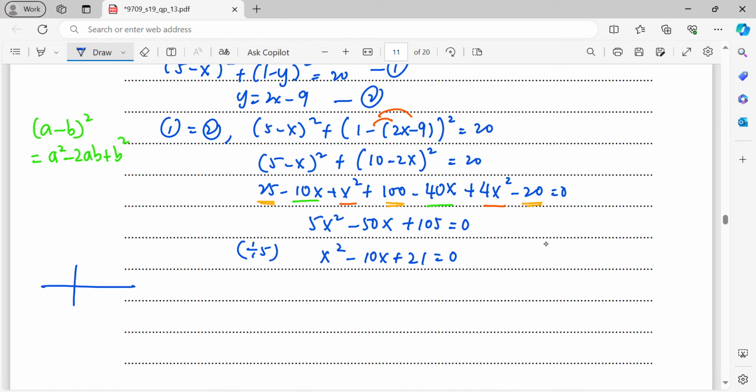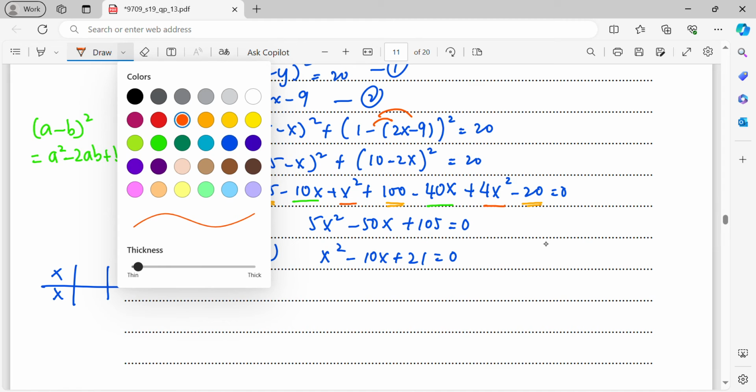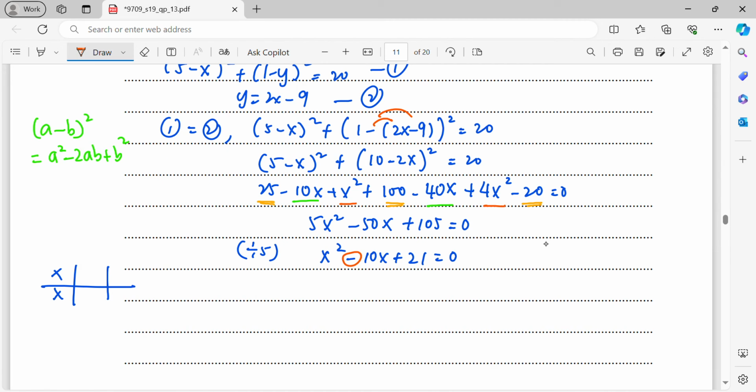So when I factorize, x squared is x times x. Now look at here first. This is minus. Minus times minus is a plus. Therefore, the signs for the last column will be both minus. And now to get 21, it can be 7 times 3. So where I multiply minus 7 with the x, I will get negative 7x in the middle column and minus 3x.